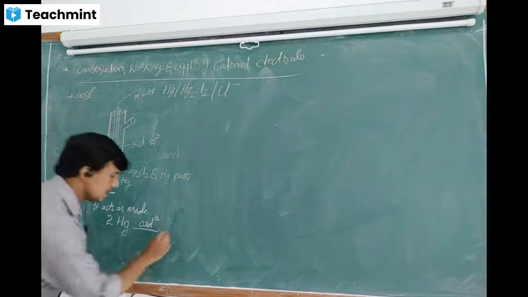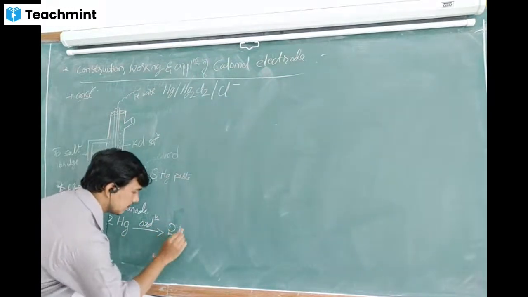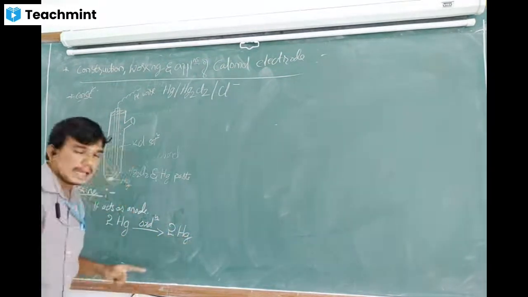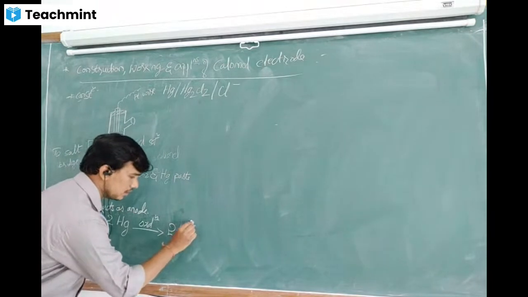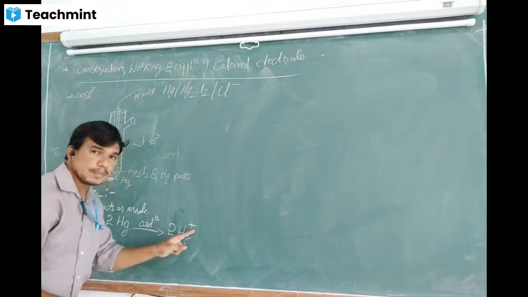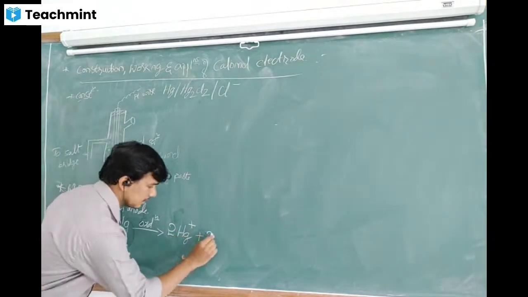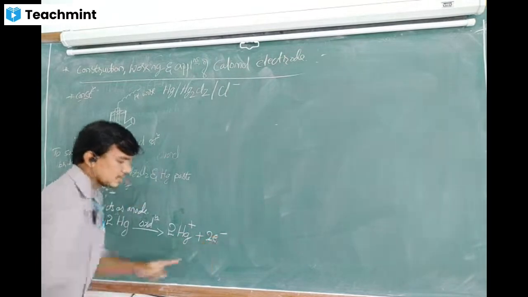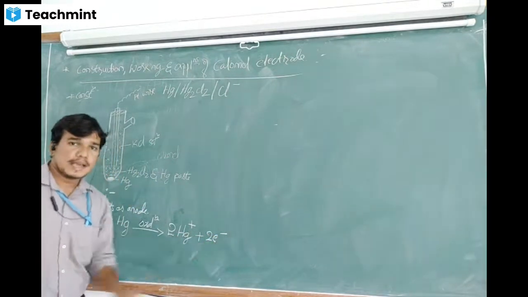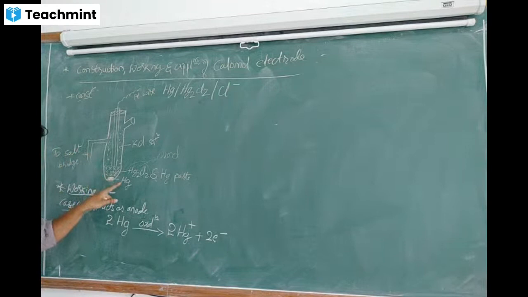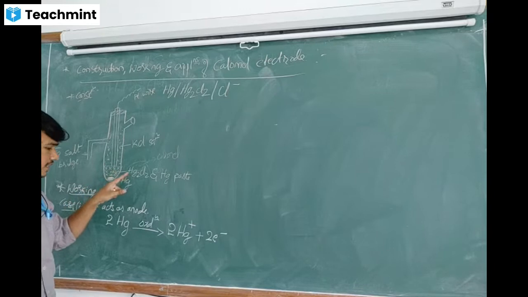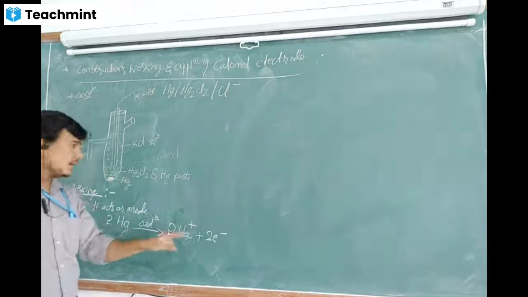Oxidation reaction means losing of electrons. So 2Hg plus 2 electrons. It will lose 2 electrons. So this mercury metal is going to oxidize and gives 2Hg plus and 2 electrons.